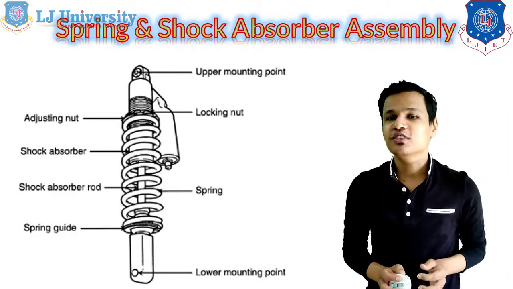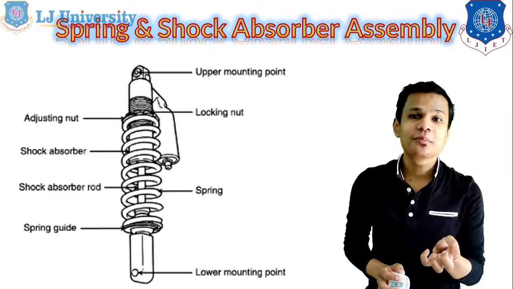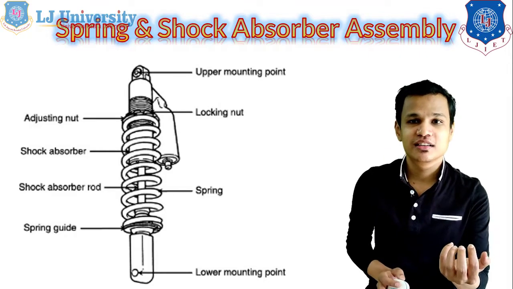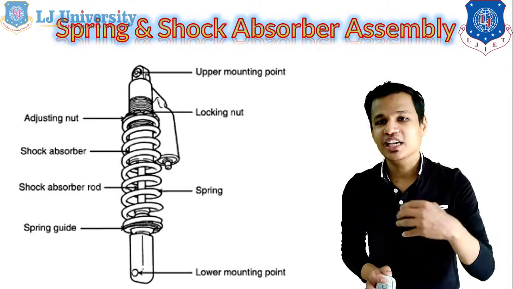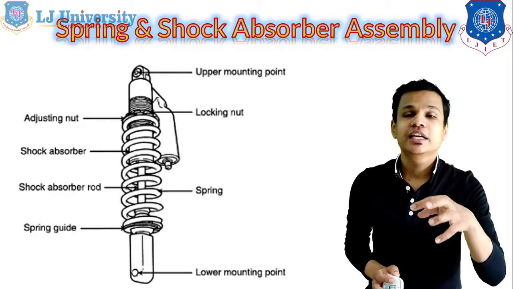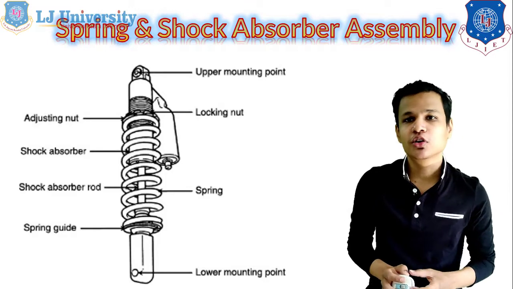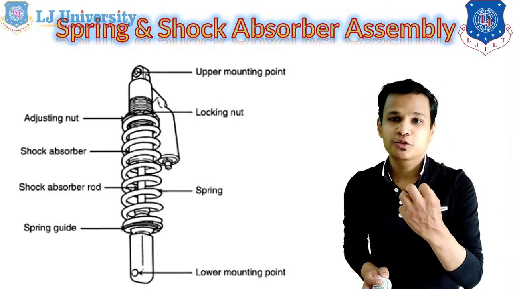The function of the spring is to absorb the vibrations that are generated during vehicle driving. For example, if the vehicle wheel is going over a bump, then because of the bump the load will be applied on the spring.